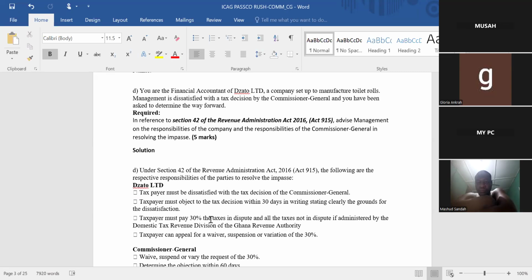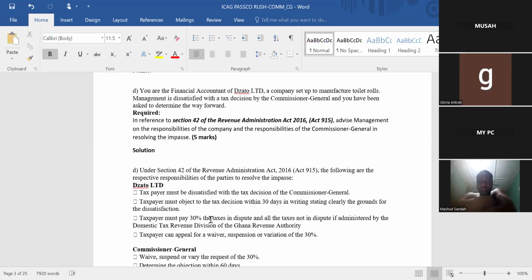Now, let me give you the background. Initially, those days, we were using something we call Commissioner General Assessment, or Provisional Assessment. So what the GRA does those days is that they'll come and look at, Gloria, if you have your enterprise, they come to you.